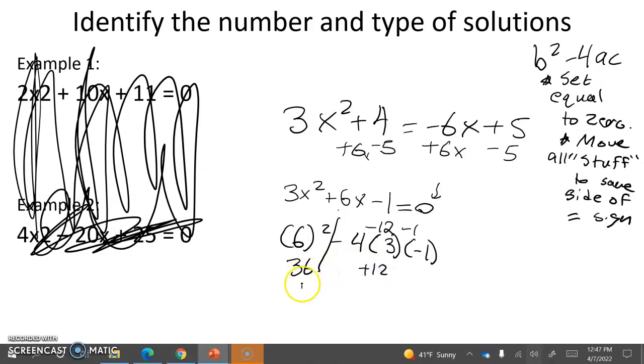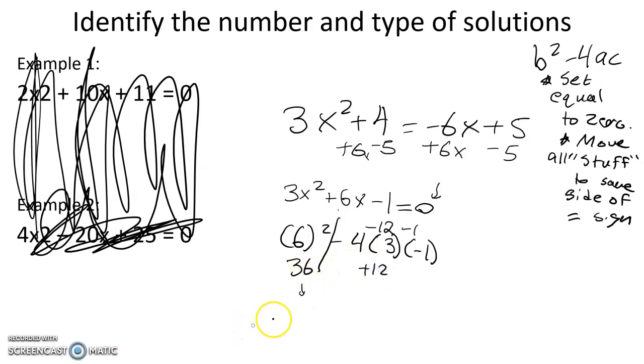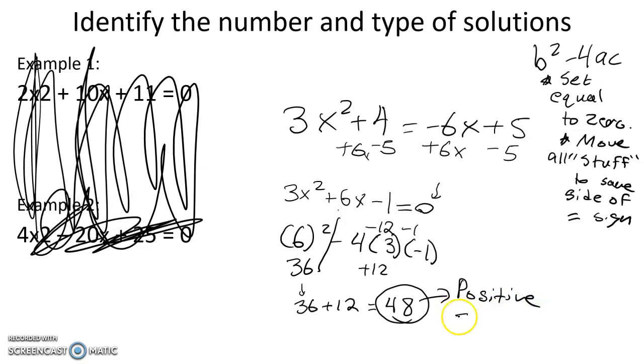So I'm going to add, 36 plus 12. If I add those together, that gets me 48. That is positive. So I will have 2 real solutions. All right.